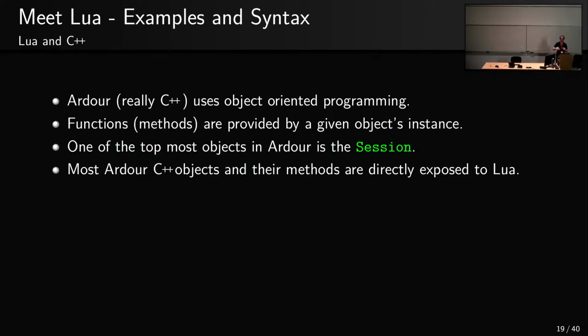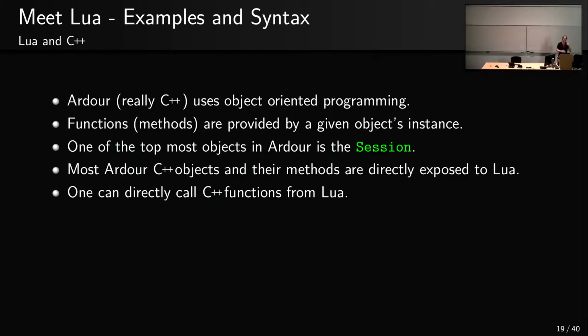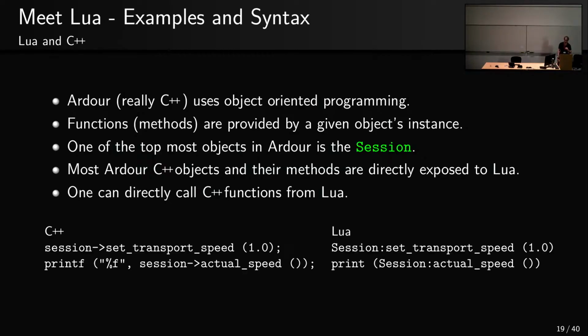So it's an ongoing process to keep adding more functionality that exists in Ardour and expose it as Lua bindings. And the nice part is that one can call directly all those C++ functions from any Lua script. So it's as if you're using the UI, you can just type it in instead of clicking a button on the UI. And here's an example, the left side is C++ code.